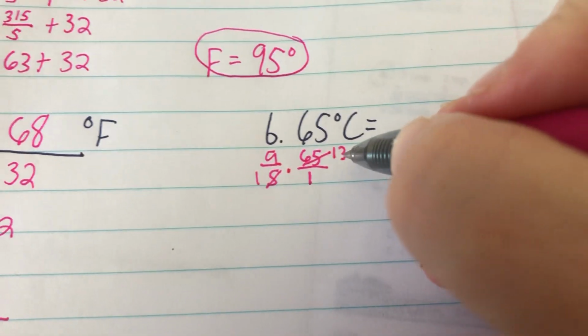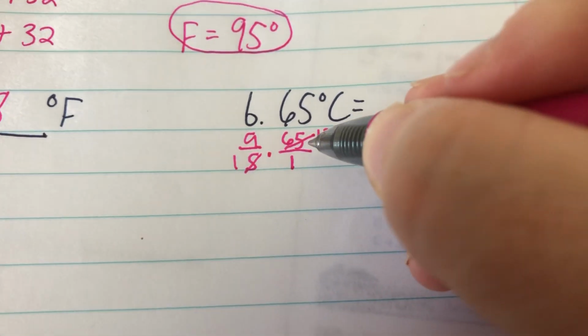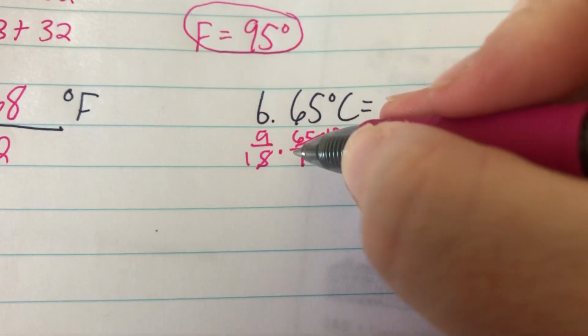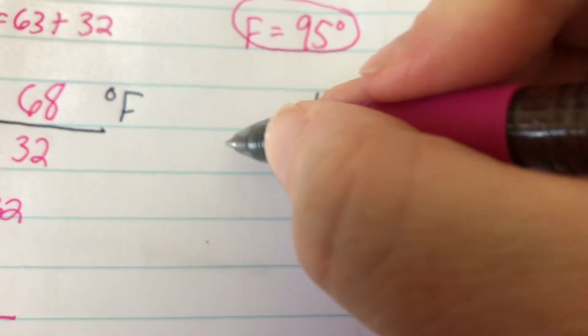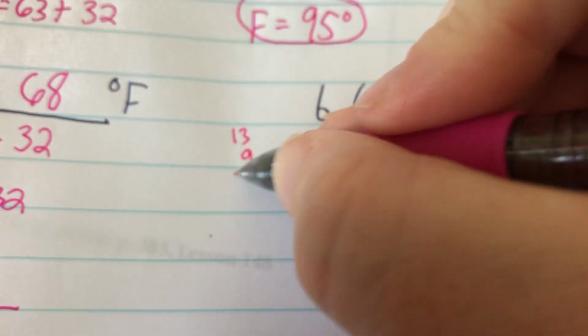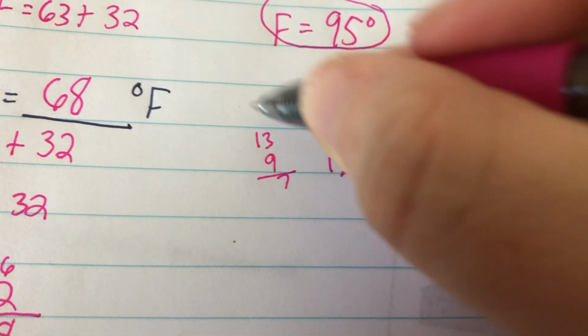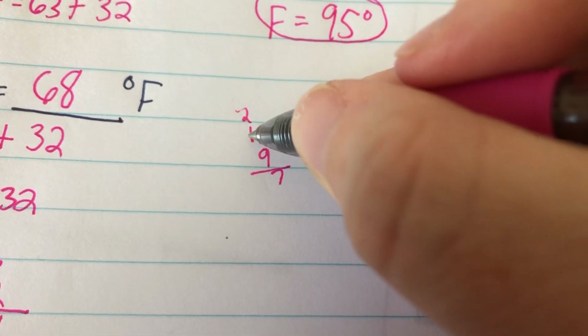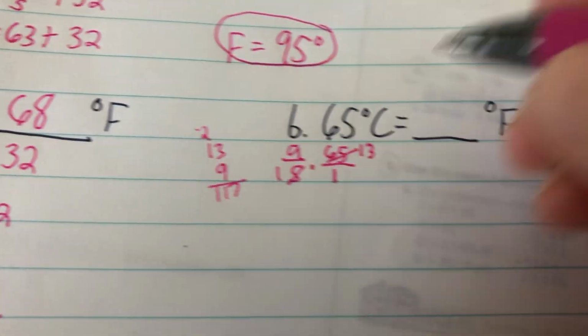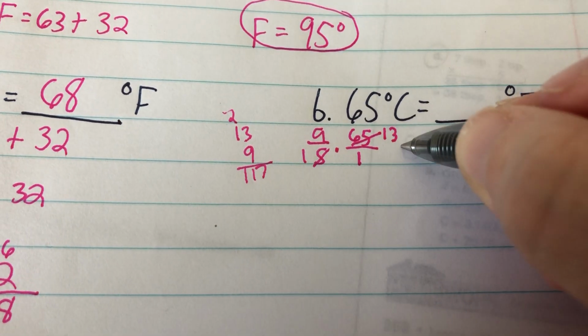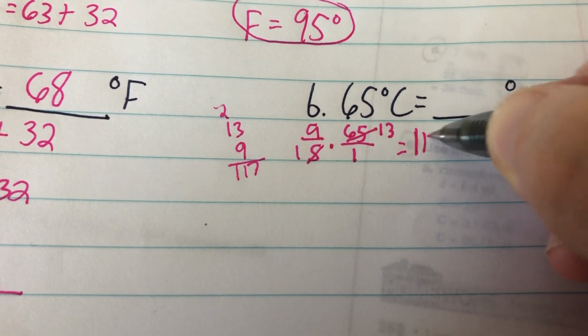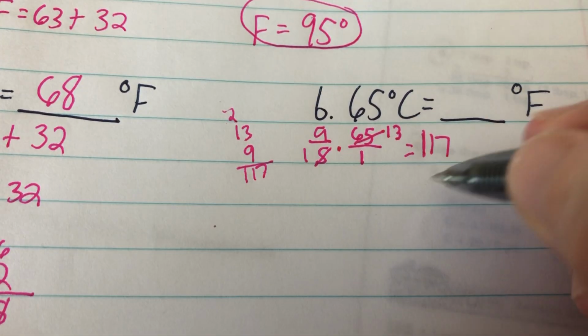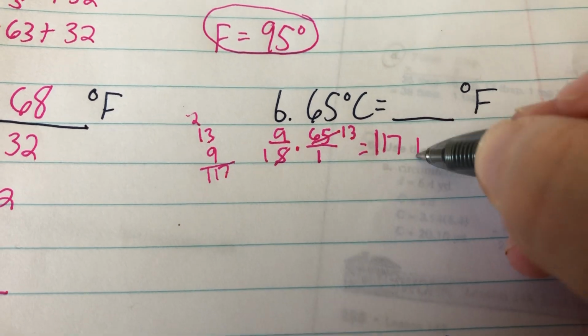I know you don't know your 13s, but you should know that 5 times 12 is 60, and that's just 5 more. So we have 9 times 13. 9 times 3 is 27. 9 times 1 is 9, 10, 11, 117 over 1, plus 32.